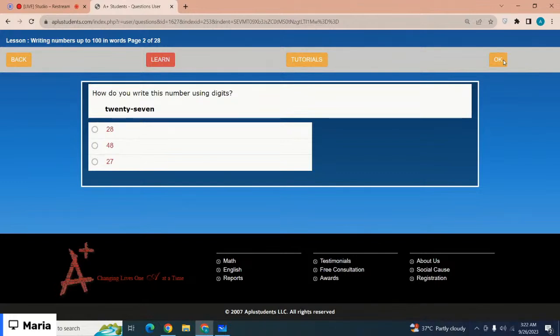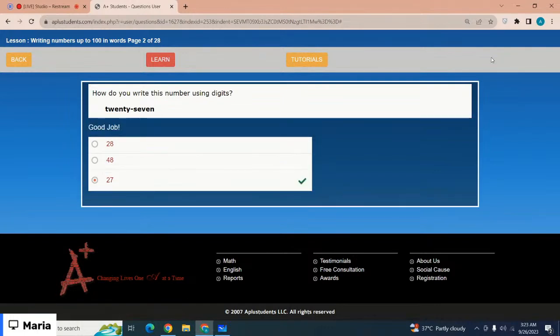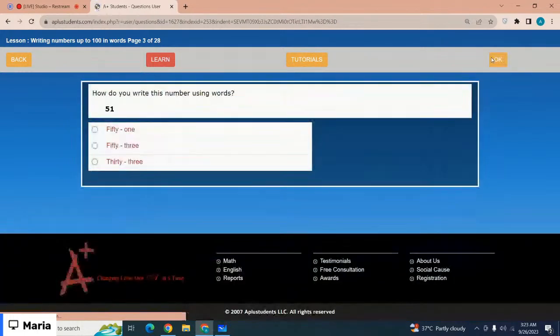The correct option is the second one, right? That would be 27. 7 is at the ones position and 2 is at the tens. So that would be the third option. How do you write the number using words? 51? Which is the correct option?